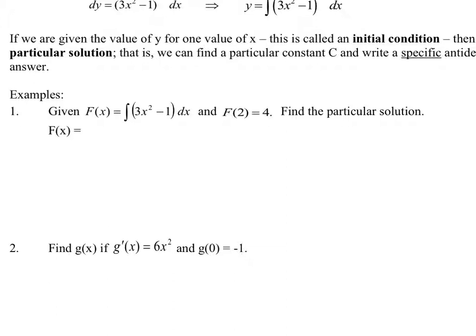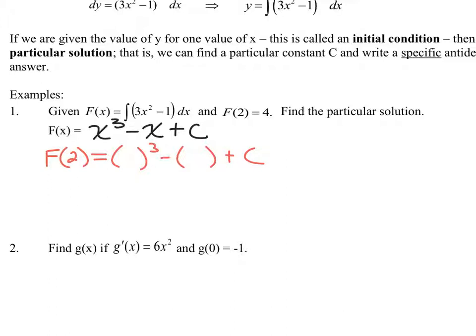So if I'm finding the antiderivative of this one, it's pretty easy because it's just reverse power rule again. We're talking x cubed minus x plus C. But that condition is what's going to allow us to figure out the value of C. So I know f of 2 will replace all of the x's with 2's, and the result of that computation should be a 4.